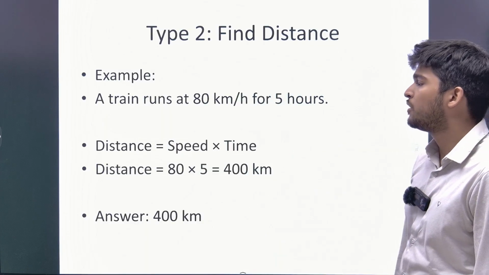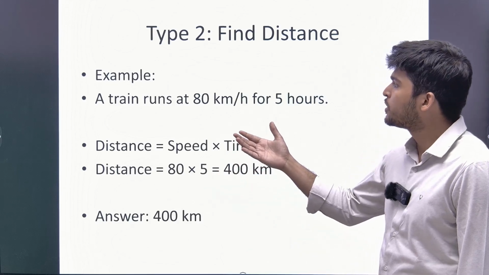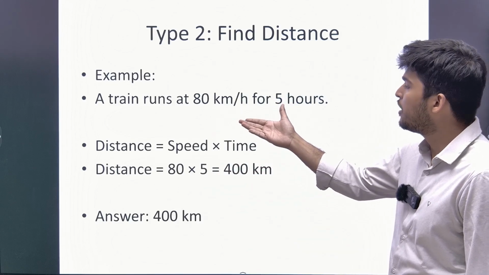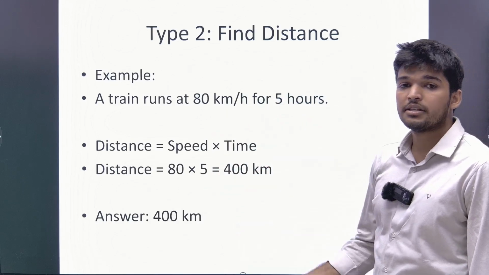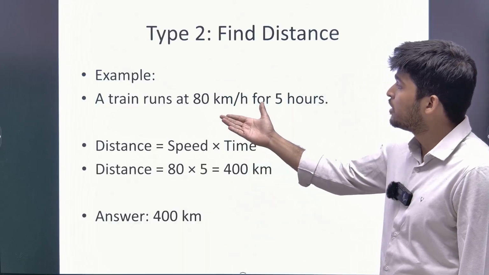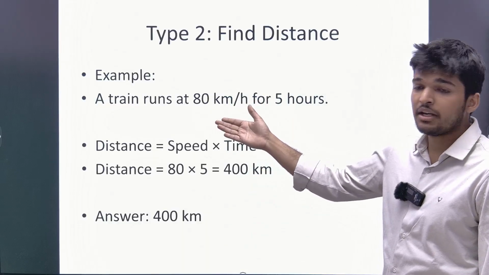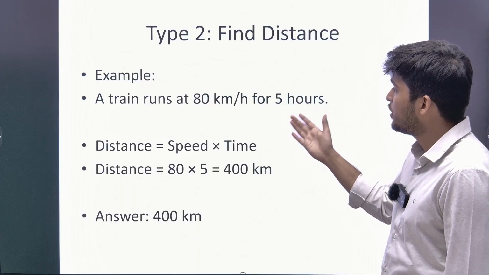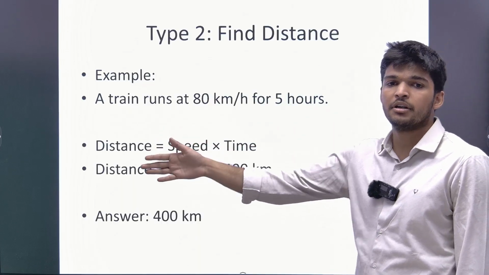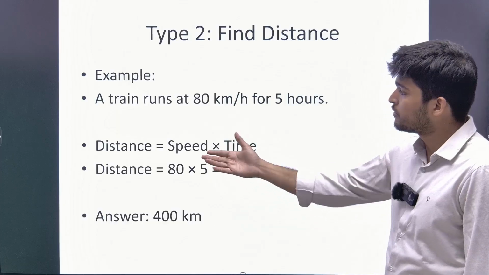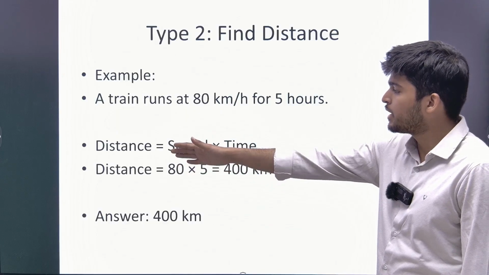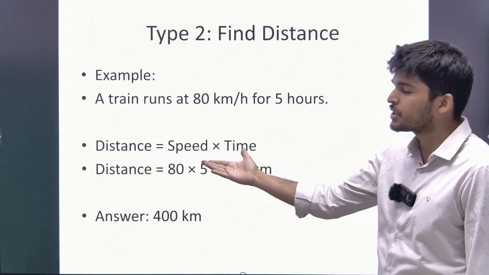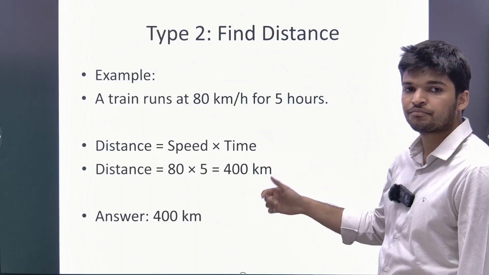Another example of the train which runs at 80 kilometer per hour for 5 hours. In this example, we know the speed of the train and the time in which the train traveled. So the formula which will be applicable in this question is distance equals speed into time.